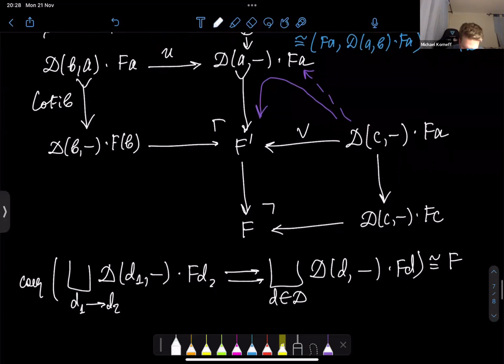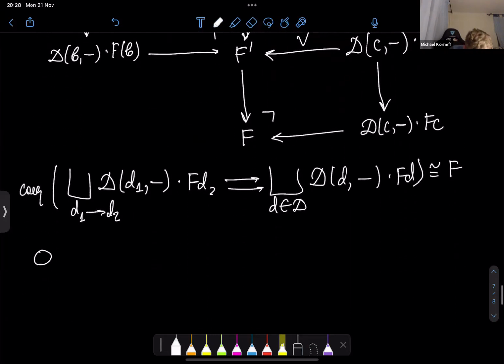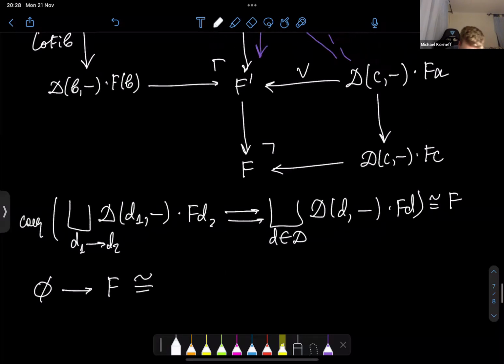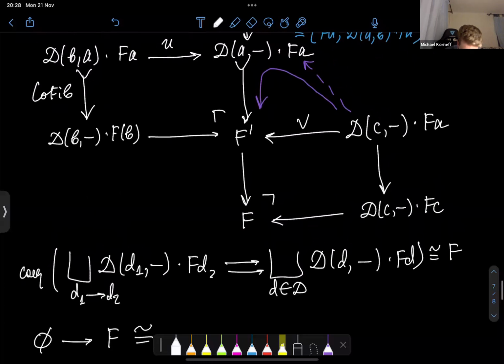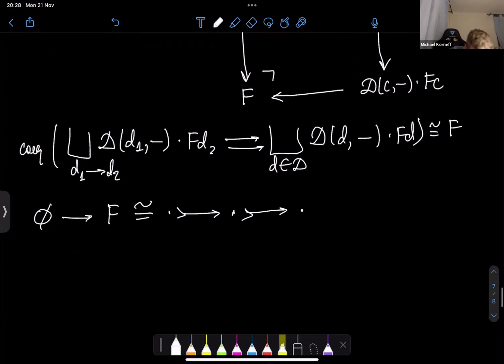So now we have decomposed this map as the following composition of cofibrations. So this map is a cofibration, and thus F is cofibrant as a composition of cofibrations.